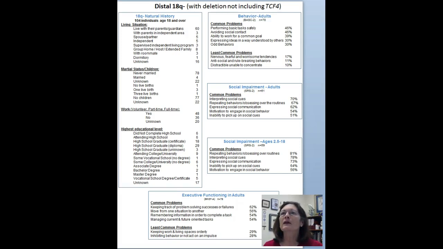So here is the information on distal 18Q-, so people with a deletion that does not include TCF4. And again, their natural history, the behavior issues or not issues in adults and in children. And again, I think you can read this through carefully.